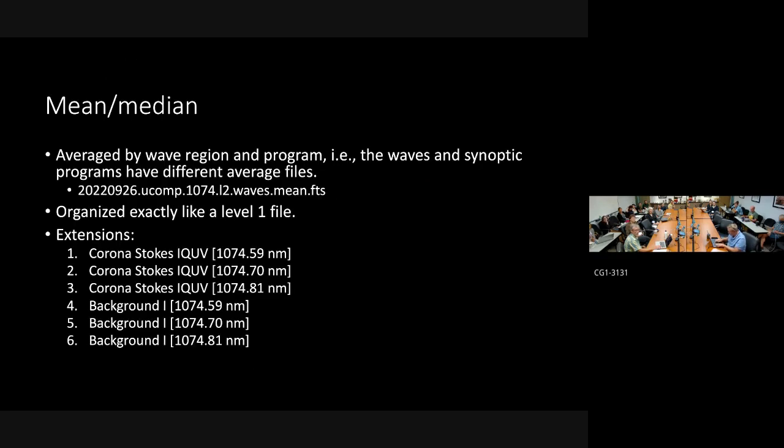And then we go to this other step. So those are all by level 1 file, right? The level 1 file corresponds to those. The mean and medians average up everything from a program, right? So like all the waves 1074 get averaged together into a file. This looks just like a level 1 file, except it's an average for each one of the extensions.